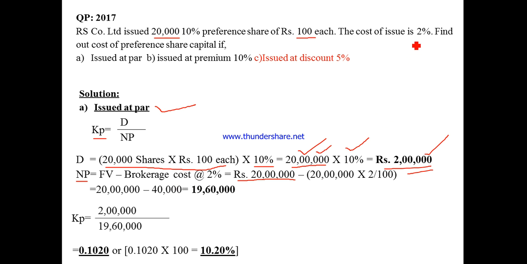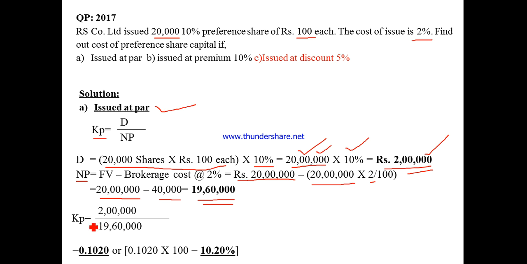Brokerage cost is 2% on 20 lakh, so 20 lakh into 2 divided by 100, which is 40,000. Now 20 lakh minus 40,000 is 19 lakh 60,000, the net proceeds.